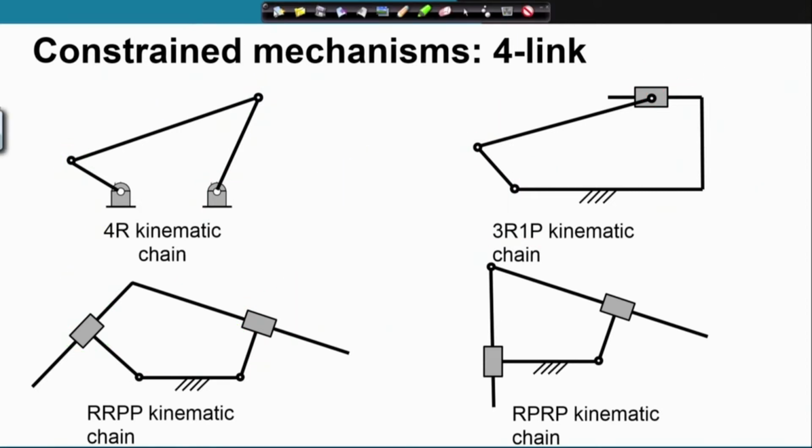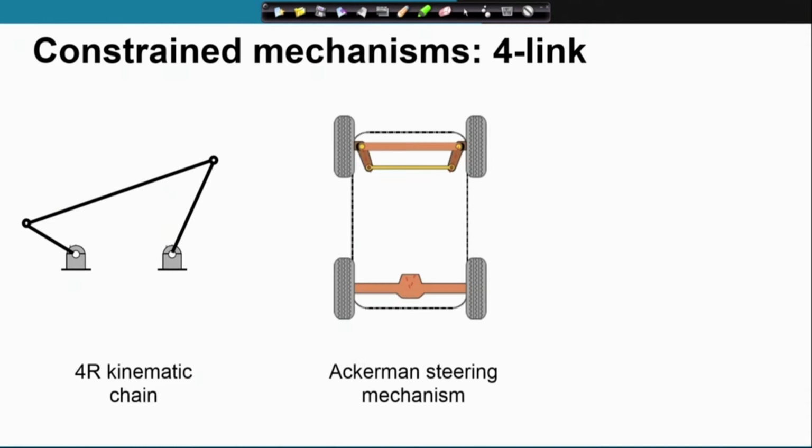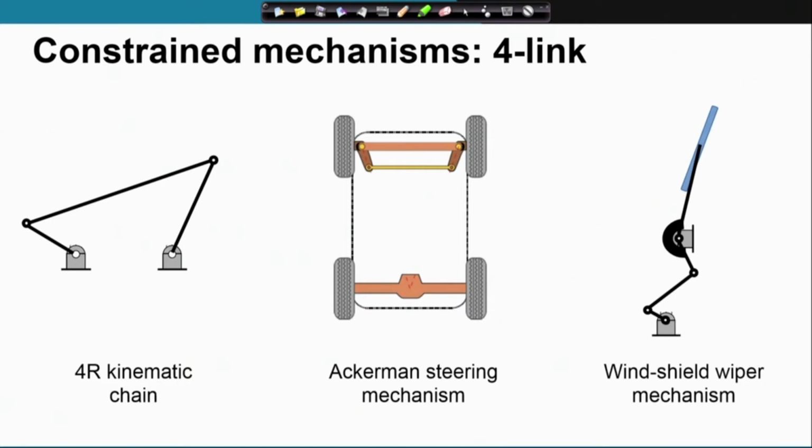Let us now look at some applications, say 4R kinematic chain. We have looked at this Ackermann steering mechanism. We also have this windshield wiper mechanism. So, here is the wiper which is going to wipe the windshield or windscreen.